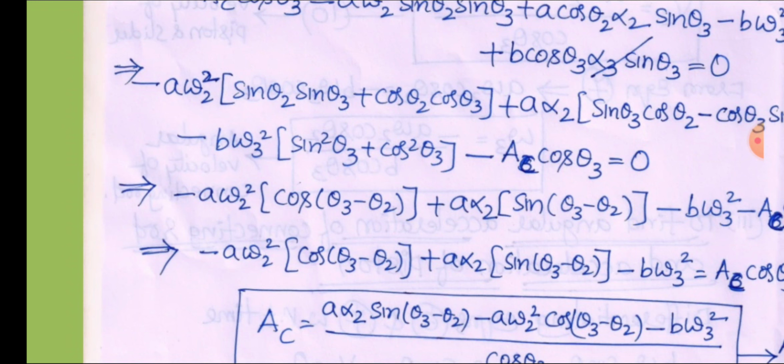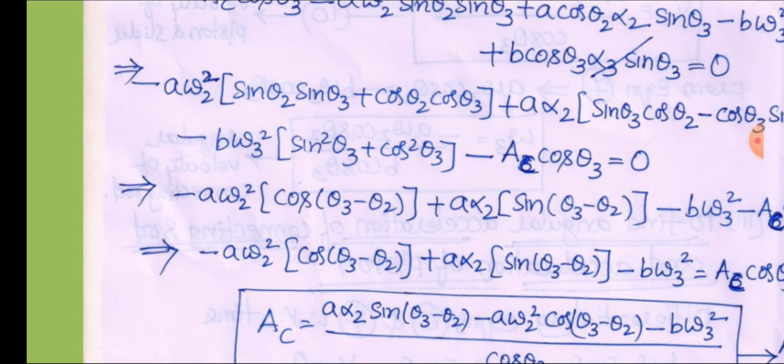Now from this I will find AC because I know all the remaining values: a is known, alpha 2 is 0, theta 3 is known, theta 2 is known, omega 2 is known, omega 3 is known, b is known. The only unknown in this equation is AC. Therefore, AC, that is the acceleration of the slider or acceleration of the piston, is equal to this. Similarly, from equation 12.